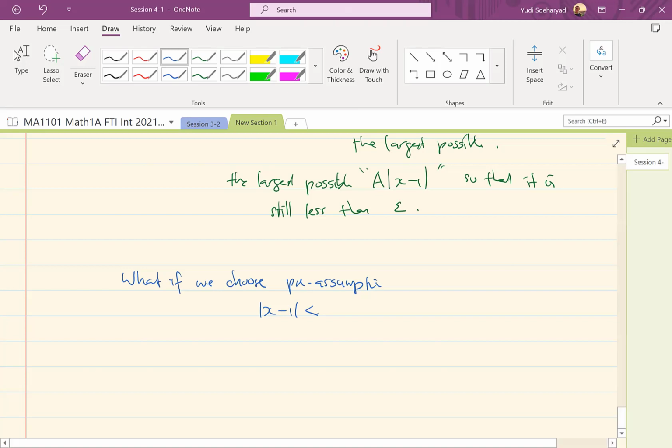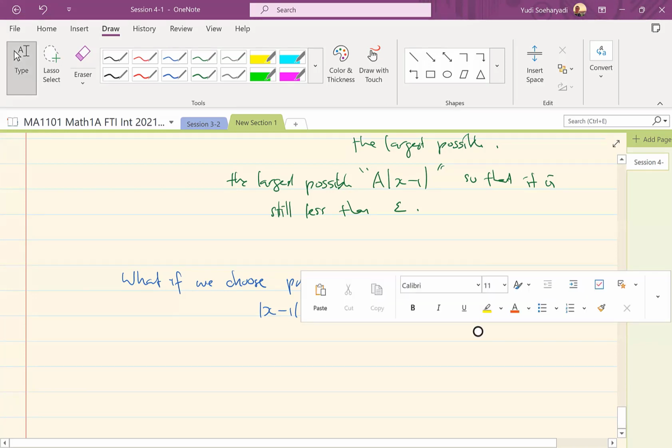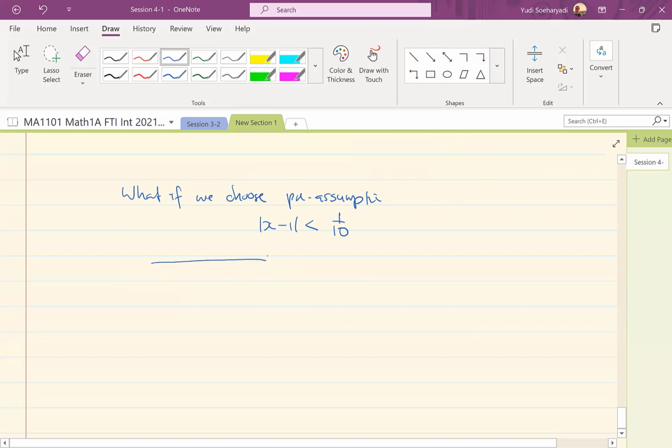No, I told you, not too big, because if it's bigger, then it would contain negative numbers, and then you have a problem with negative numbers. How about 1/10? Okay, so if you assume this, then the range for x would be 9/10 and so on.